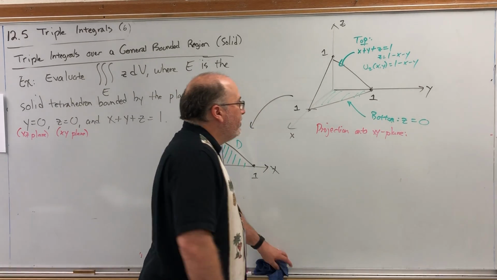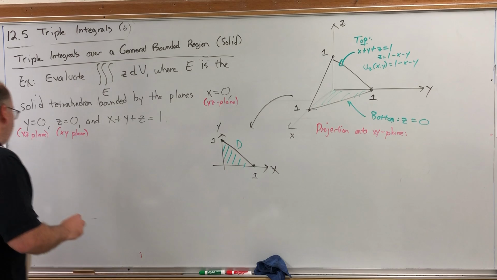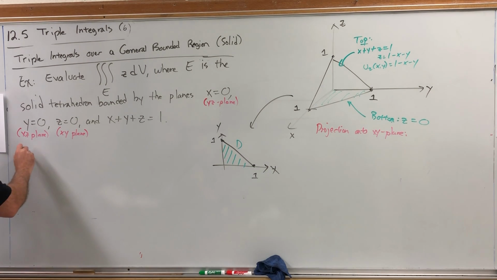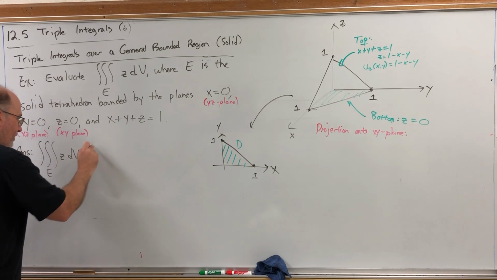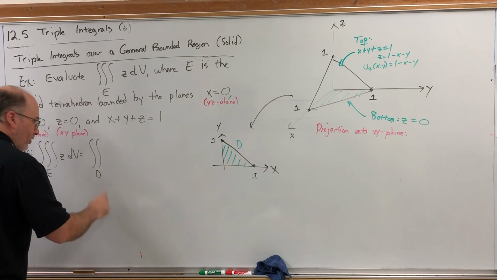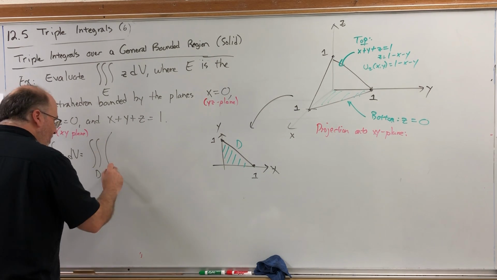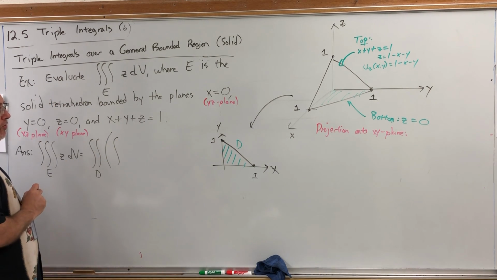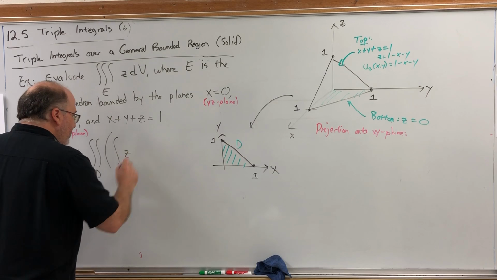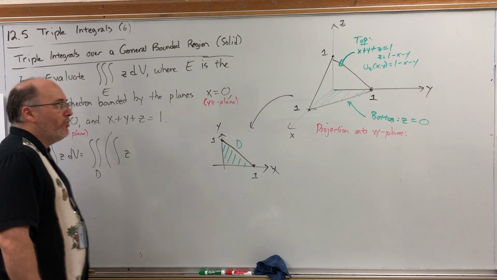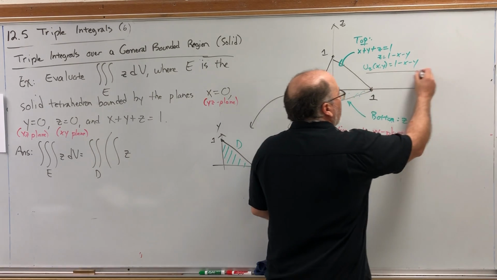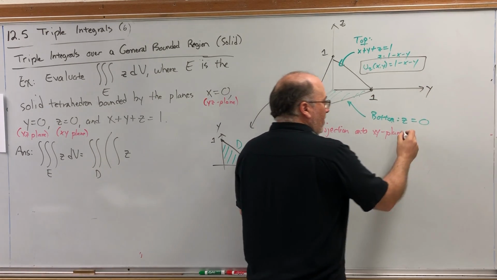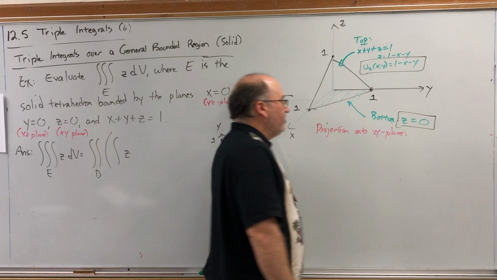Let's start with setting up the triple integral to begin with. The triple integral over the solid E of z dV is going to be the double integral over that region D of the single integral of z. Now what are we going to integrate with respect to first? This is going to be our upper limit for the first integral. This is going to be our lower limit.